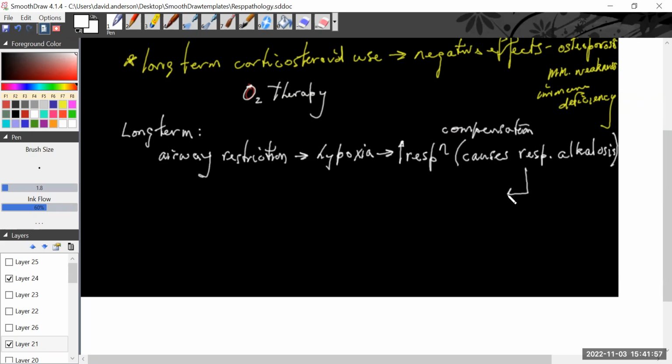But eventually that compensation is going to fail. So what we get in asthma is that air trapping where the carbon dioxide can't be unloaded effectively.